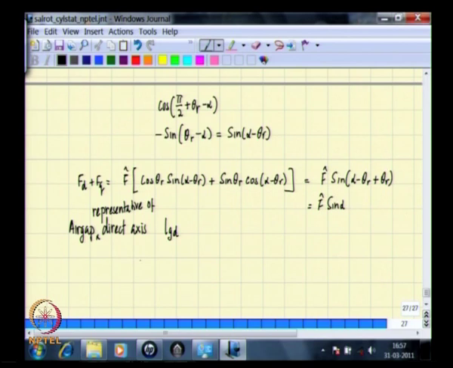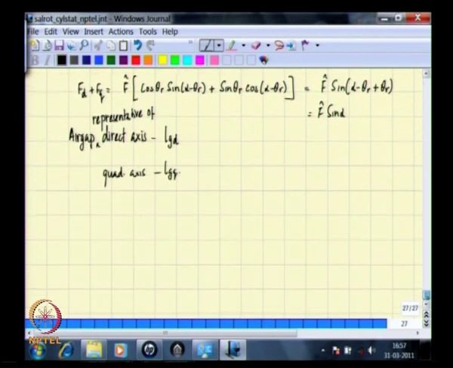LG was the air gap that we had used here. We use the suffix D to represent the direct axis, and the air gap representative of the quadrature axis, let us call it LGQ. So, now we are considering two cylindrical rotors having a uniform air gap of LGD and LGQ.